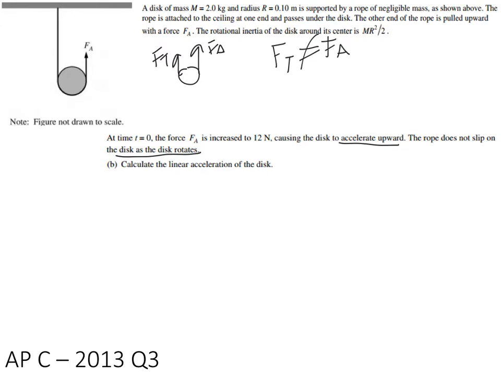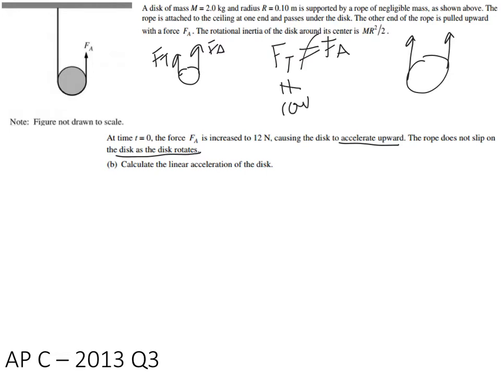Otherwise, it would not rotate. The only way you can rotate is if you have a net torque. So if these two are both equal, then that means that it's not rotating. And in particular, we also don't know if Ft remains the same. So we can't say that it's equal to what it was before of 10 newtons. So we don't know that.